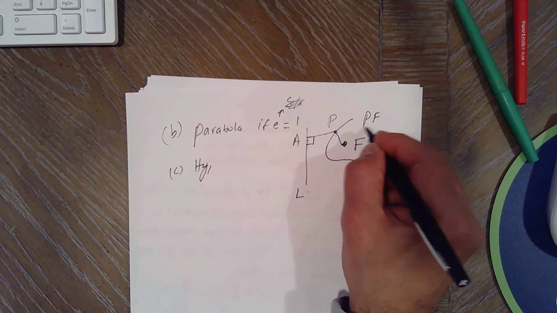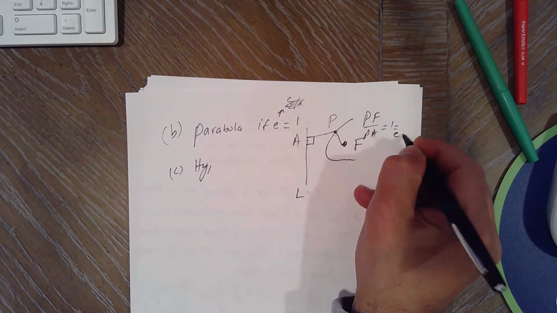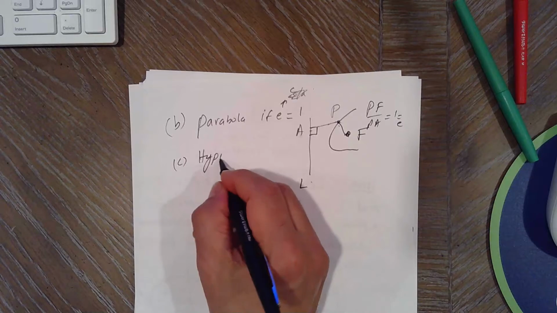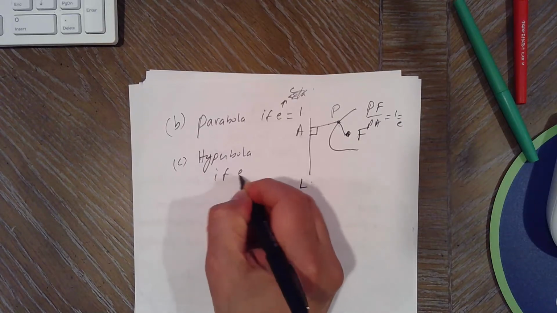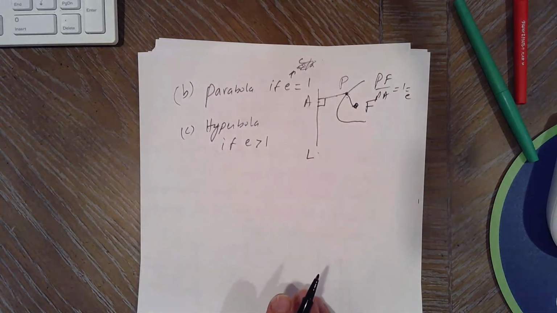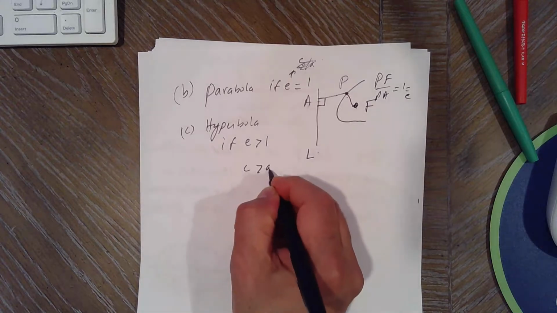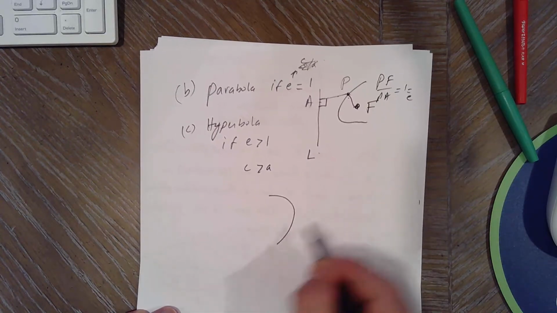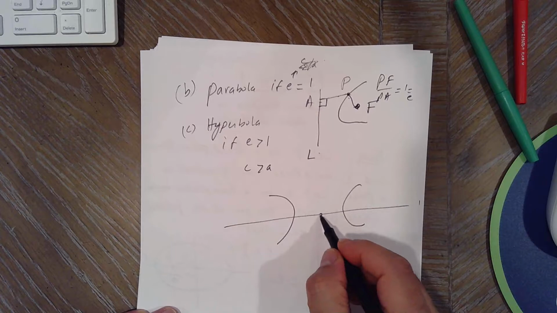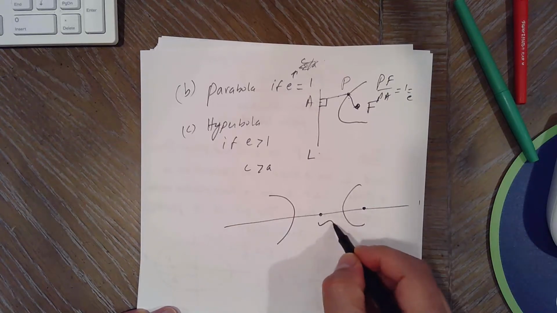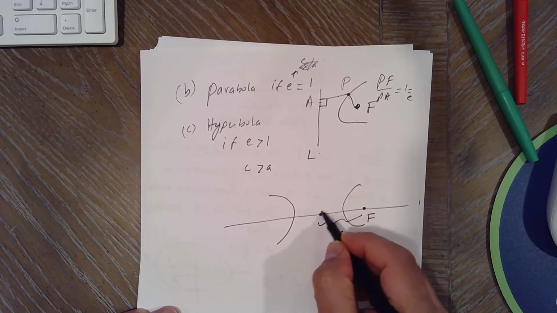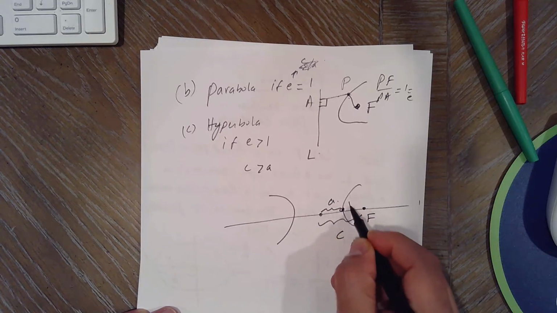So PF over PA is E in this case. And it would be a hyperbola if E is greater than 1, which means C is greater than A. And in a hyperbola, this is the focus, C, this is A, vertex.